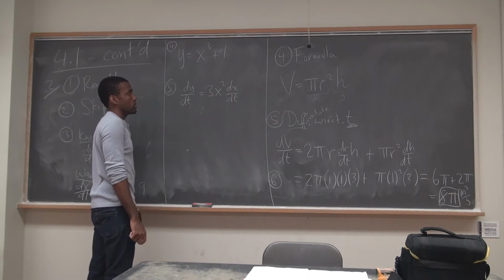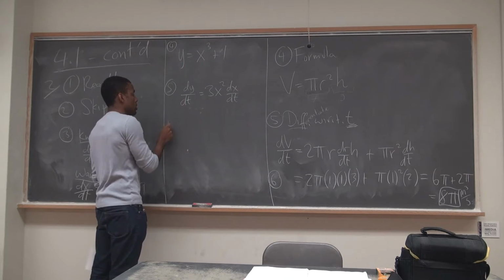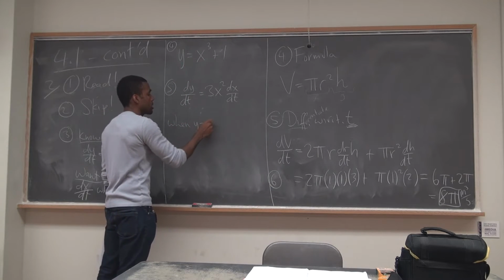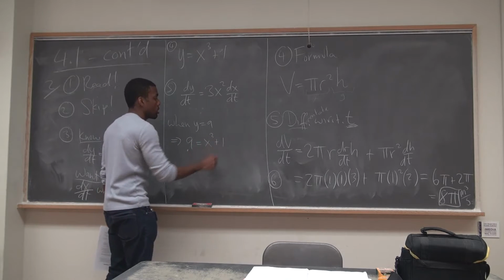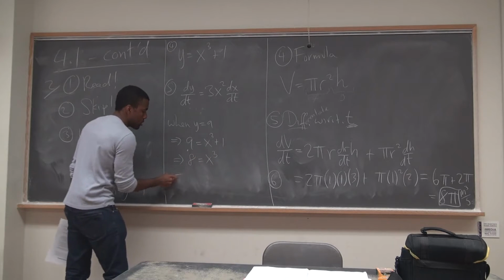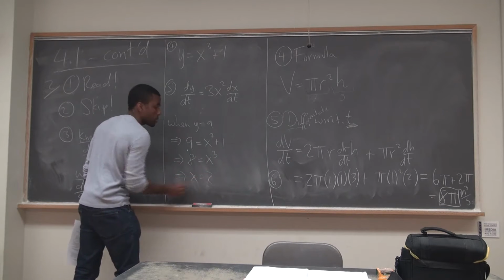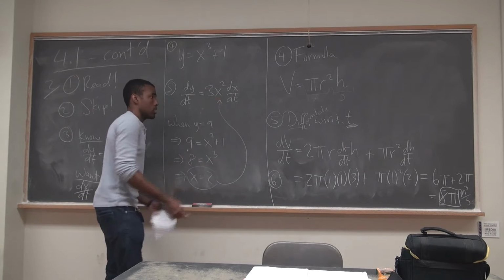What do I do? Go back to your first equation. If there's something here that I don't know, go back to step 4. When y equals 9, I have 9 equals x cubed plus 1, which means 8 equals x cubed, so x equals 2. Now I'm going to plug that back in here.